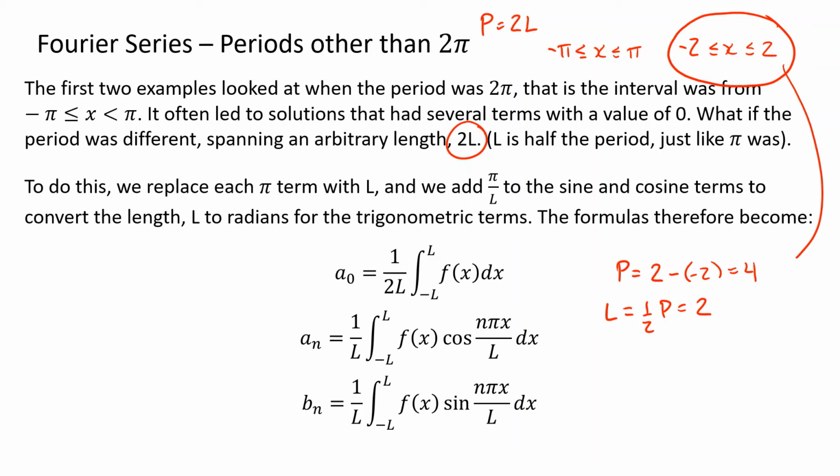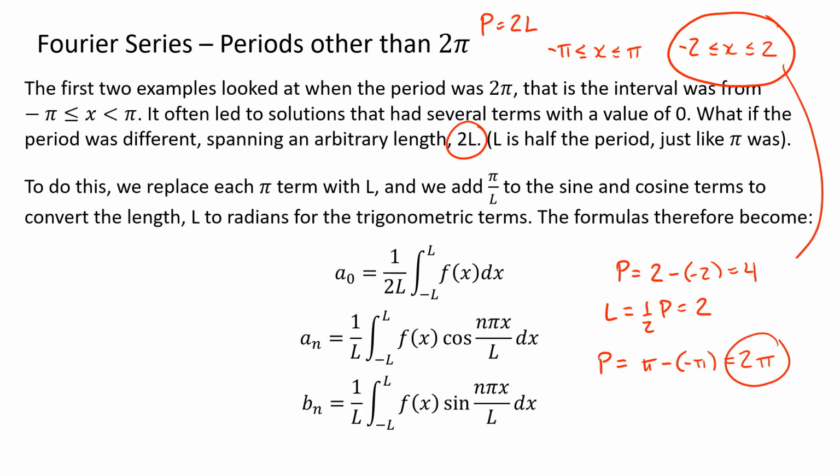Remember, when we had our integral from negative pi to pi, our period was equal to pi minus negative pi, or 2 pi. But the actual length was just equal to pi. So it was 1/2 the period, or pi. All we're basically doing here is substituting in L, meaning an arbitrary kind of length in time.